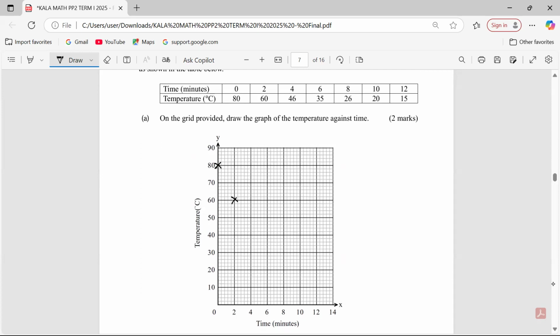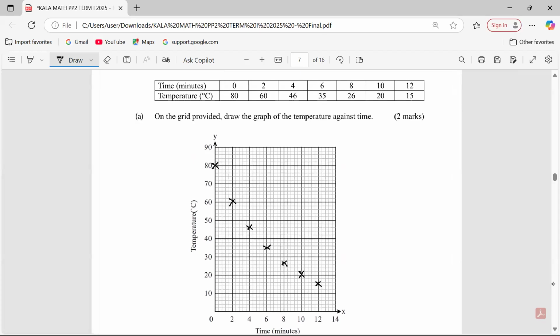So 4 goes with the 46. 46 is somewhere here. Then 6 goes with 35. 35 is somewhere here between 30 and 40. 8, 26. 26 is somewhere here. Then 10 goes with 20. Then 12 goes with 15. Yeah, 15 is that point now.